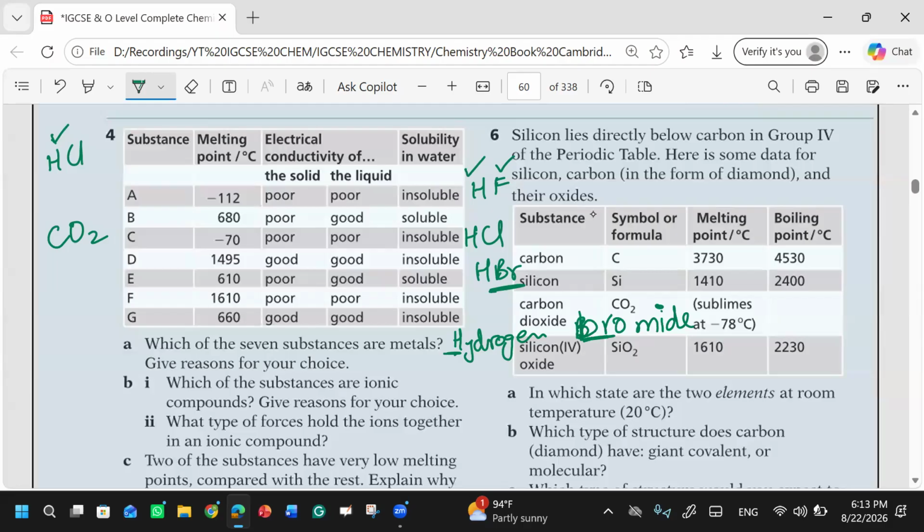Otherwise, if you have two non-metals like carbon and oxygen, which species should be given the first name?